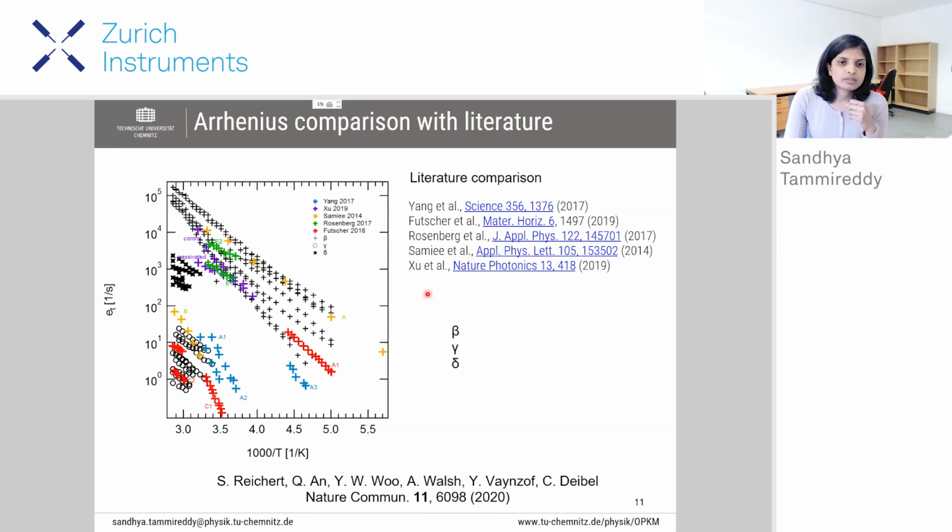What we found was that even though you use different methods and different configurations, all the measured rates are in the same range, indicating that different models or different techniques all lead to the same migration rates, or emission rates in this case. And we typically see three different defects, and they seem to be consistent with the literature.